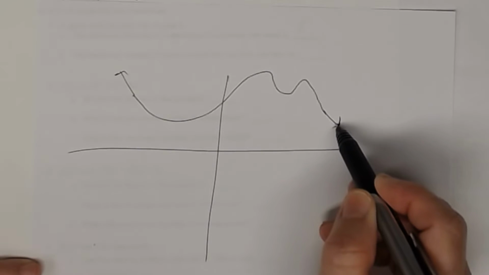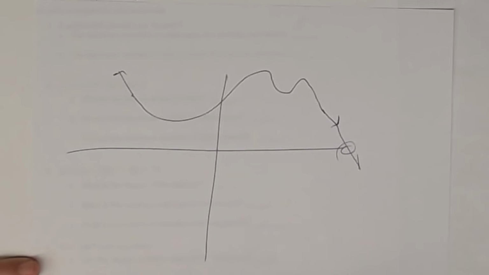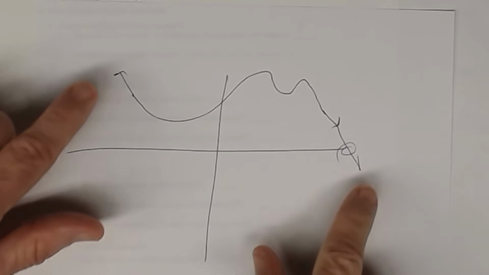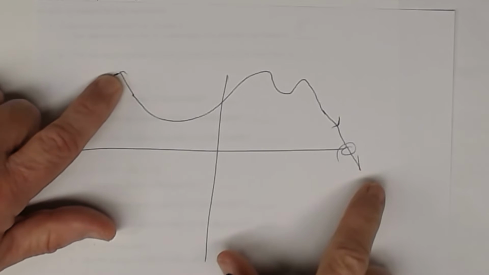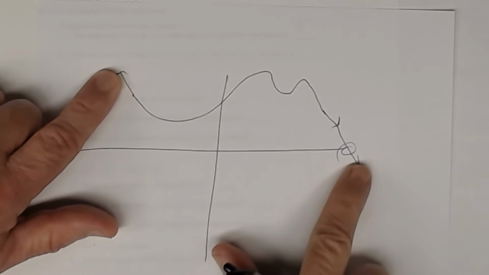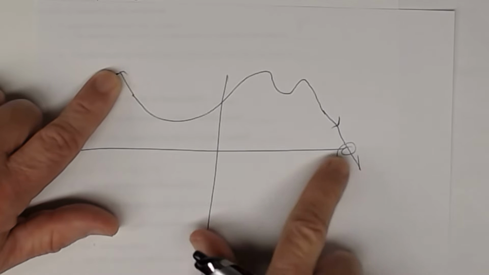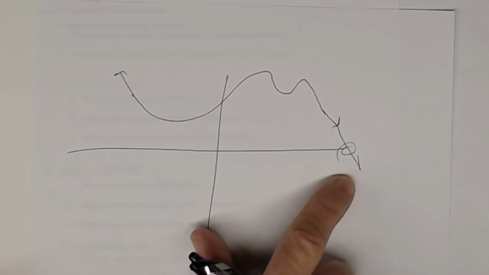But notice the arrow keeps going down, so it's got to cross the x-axis. So you're always going to have at least 1 x-intercept because one end goes up, and then one end goes down like this. So you have to have somewhere where the graph is going to cross the x-axis.